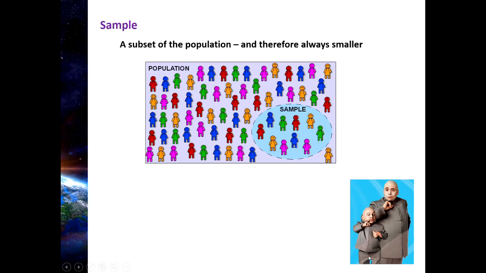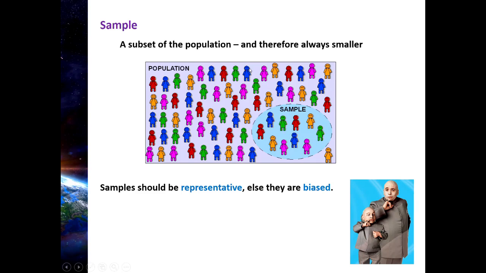I forget all the names, but this is Dr. Evil, and this is Mini-Me. You can think of Dr. Evil here as the population, and Mini-Me is the sample. Mini-Me is the mirror image of Dr. Evil, only smaller. All right? So that's what we mean when we say that it's representative. The sample should look just like the population, only smaller.